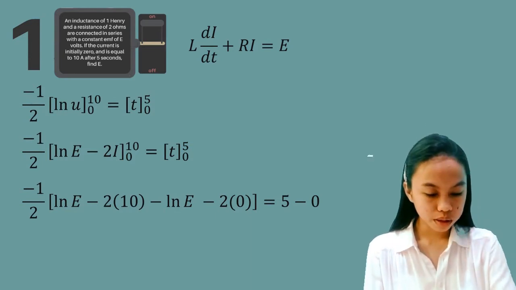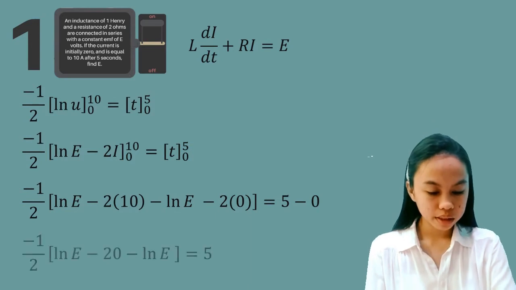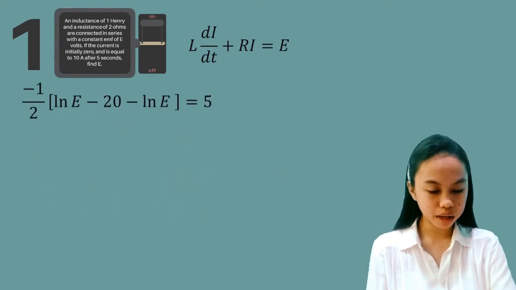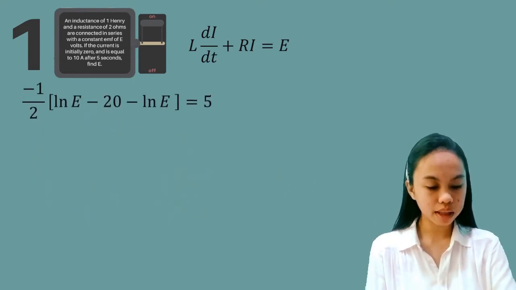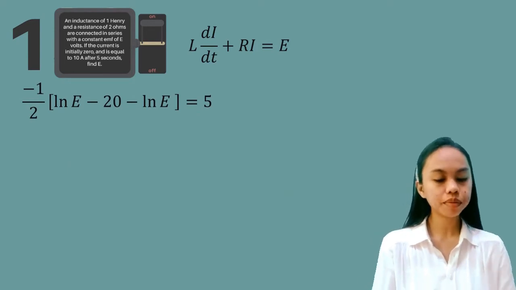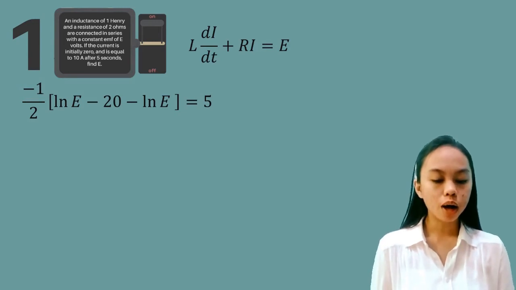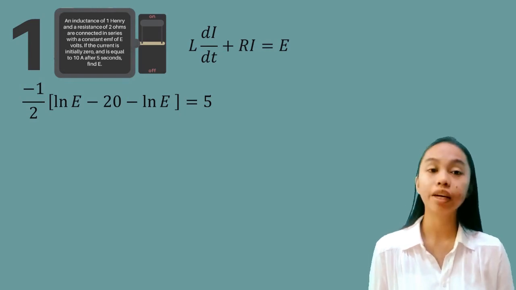So we simplify, we'll get negative 1/2 open close bracket ln e minus 20 minus ln e equals 5.